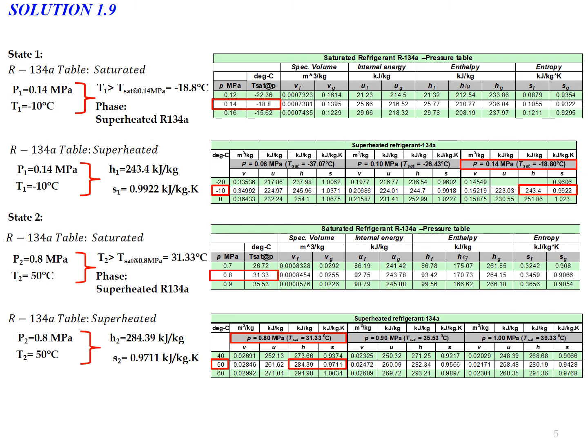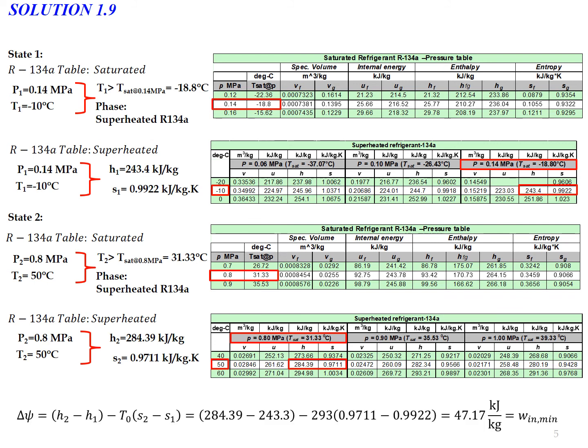Okay, so now we already have the value for H1, S1, H2 and also S2. So the data is already complete. So now substitute all the data into the equation for exergy change per unit mass for the open system, delta psi, where delta psi equal to H2 minus H1 minus T naught multiplied by S2 minus S1.